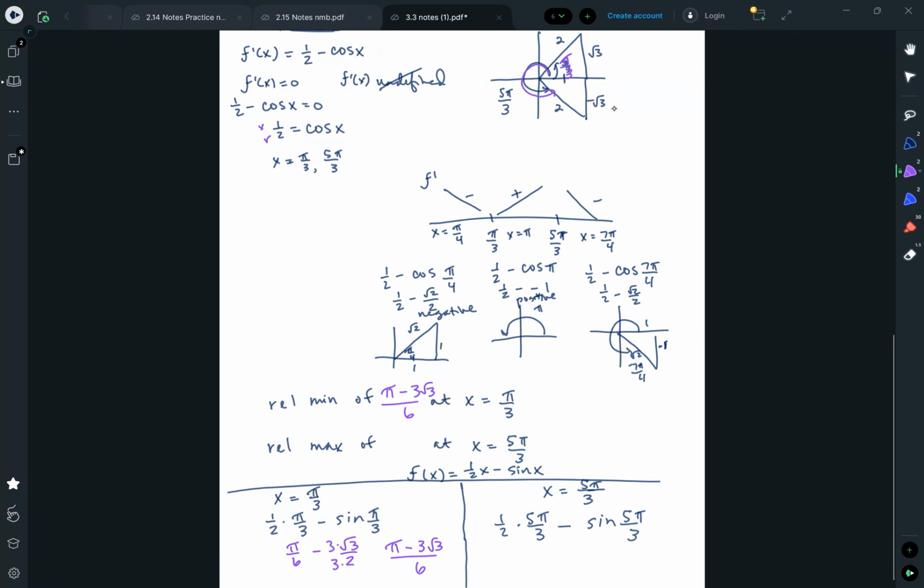This is the 5 pi over 3. So it's going to be negative root 3 over 2. Negative minus a negative is going to be plus. Multiply this one by 3 over 3 as well. And we would have, let's see, 5 pi plus 3 root 3 all over 6.